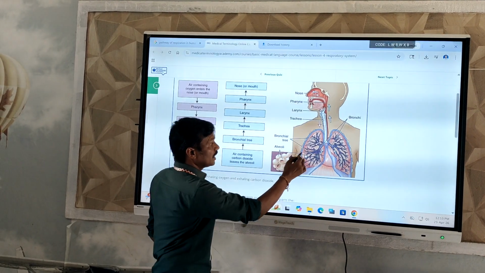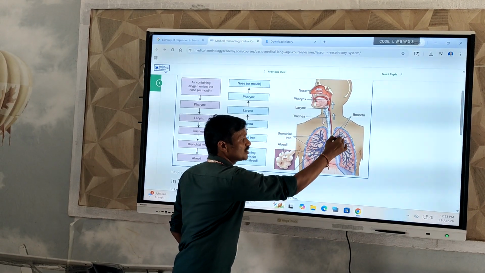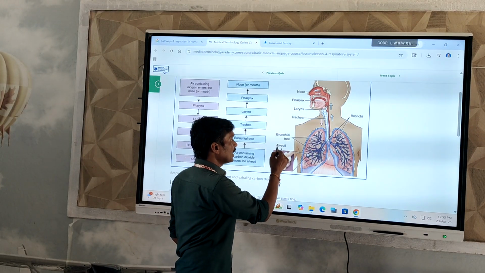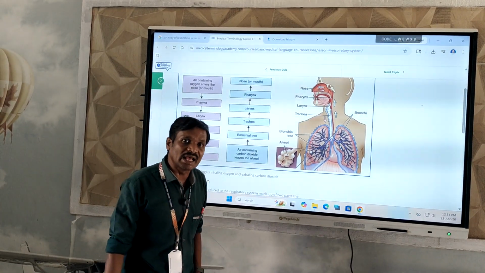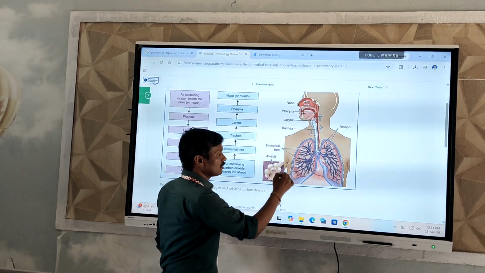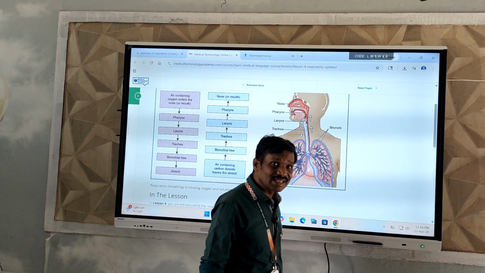Next, the bronchial surface consists of the structural and functional units of the lungs, called alveoli. These alveoli are very thin structures, only one cell thick.